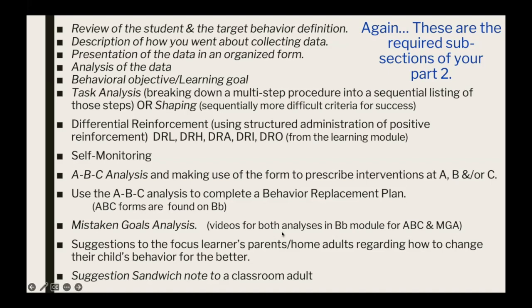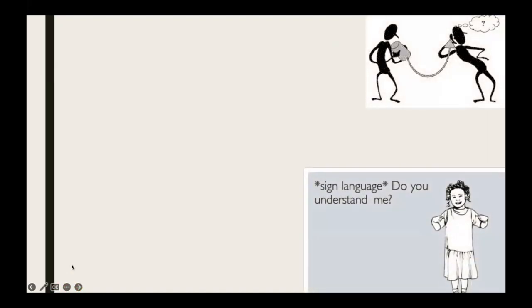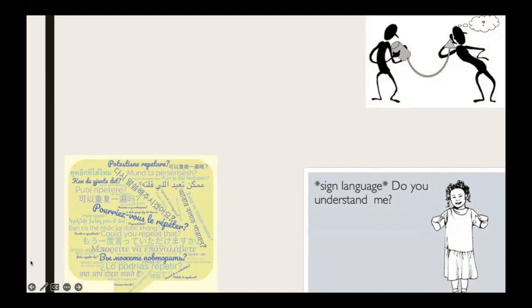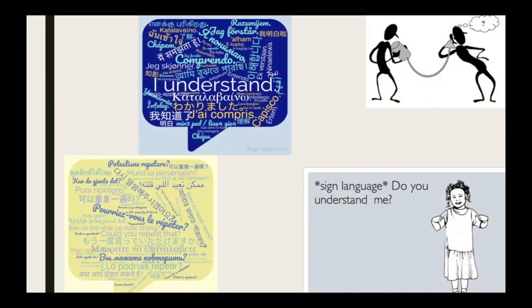You'll find out more about that in our learning modules. So we hope that you at least have a general idea of what we're looking for. More specificity will be offered in the exemplars, in the modules, and in your communication with us.